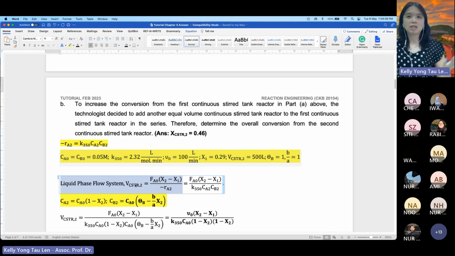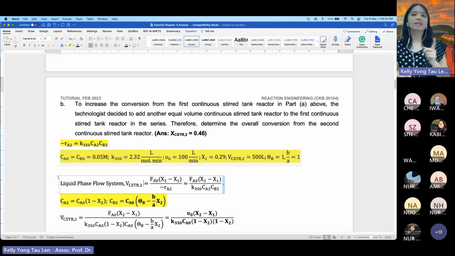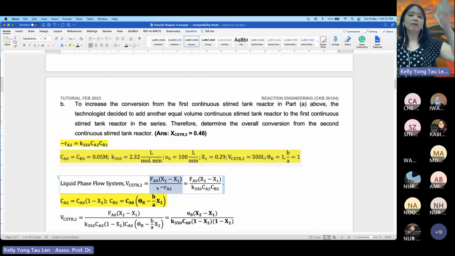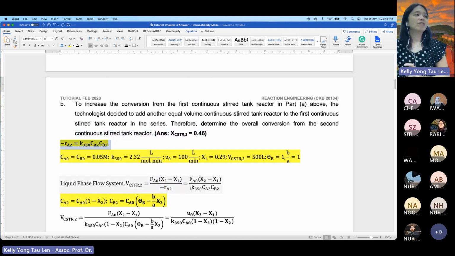So for a liquid phase flow reactor, the second CSTR, if you remember in chapter 2, we know the equation is volume CSTR2 equals FA0 in bracket X2 minus X1, close bracket, over minus RA2. Remember, for the first reactor it is FA0 X1. For the second reactor, it is FA0 in bracket X2 minus X1. Minus RA2 is the rate law in the second reactor. Okay, so then minus RA2 we already know. Earlier I explained that minus RA2 equals K at 350 CA2 CB2. Okay, so we have reached here.